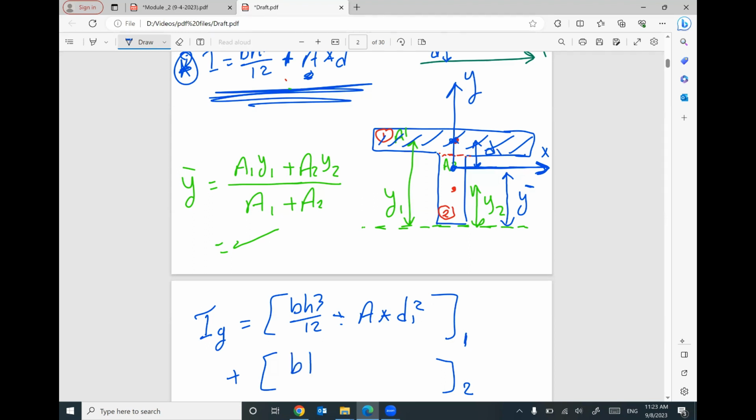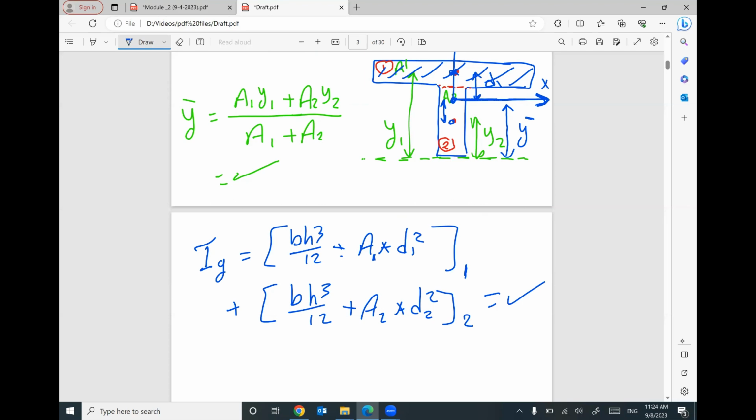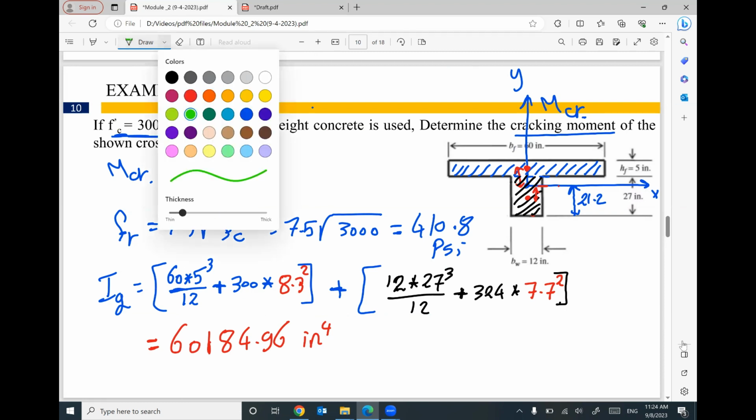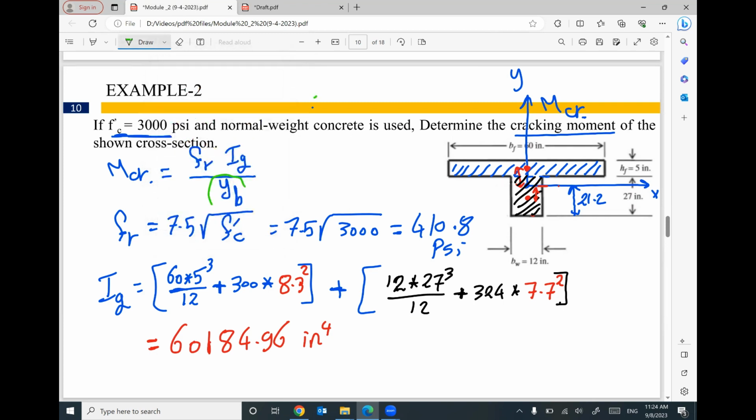Second part, bh cubed divided by 12 plus the area of this part times distance squared, the distance between the centroid of this part and your x-axis. Then I can figure out the value of I gross. Your value equals 60,184.96.